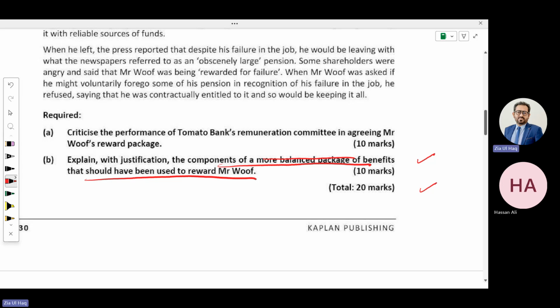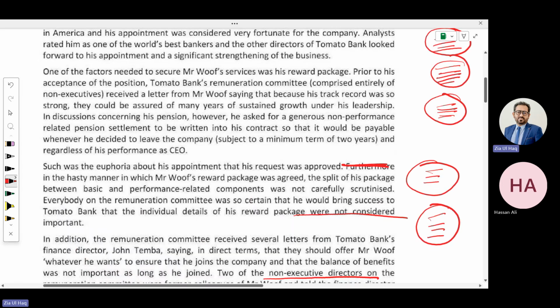His reward package was not properly balanced. There was no performance related pay. Even pension was set on short term rather than long term. So you need to explain with justification that a more balanced reward package could save the company from Mr. Wolf's risky strategy. 10 marks.